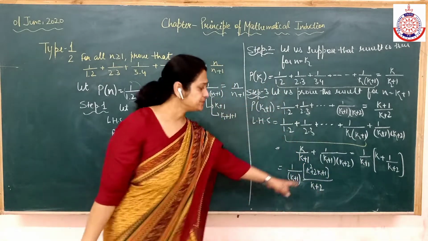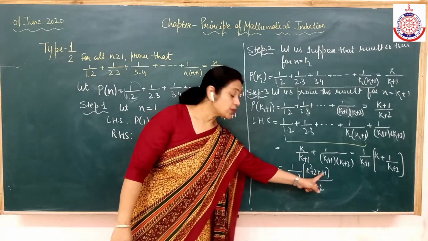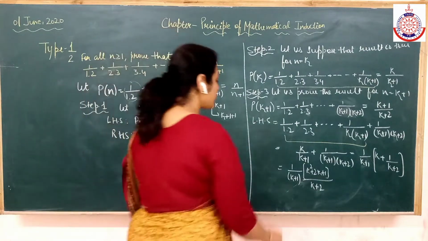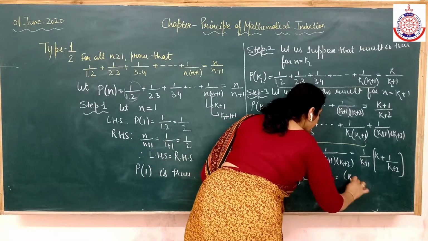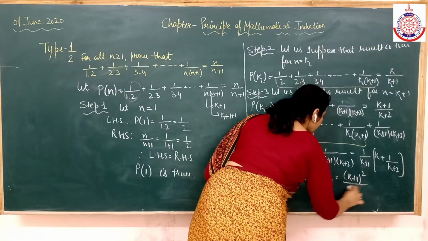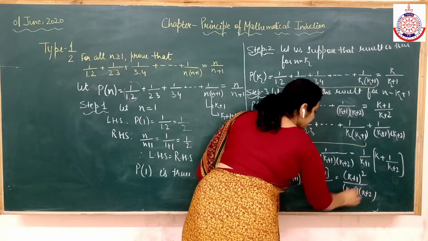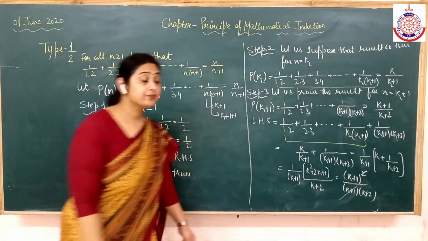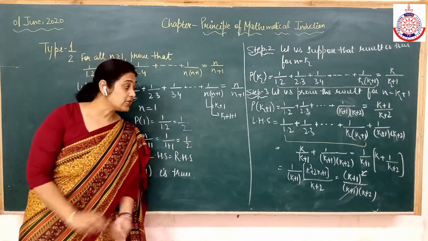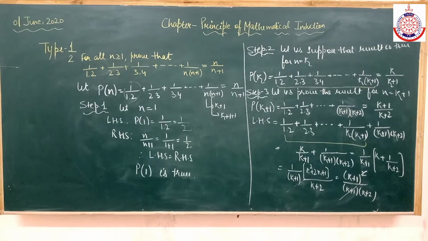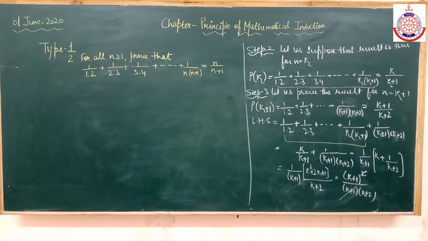What is k square plus 2k plus 1? This is a square plus 2ab plus b square, the formula of a plus b whole square. That's the formula of k plus 1 whole square. Clear? k plus 1 and k plus 1 cancel. What are we left with? k plus 1 upon k plus 2.